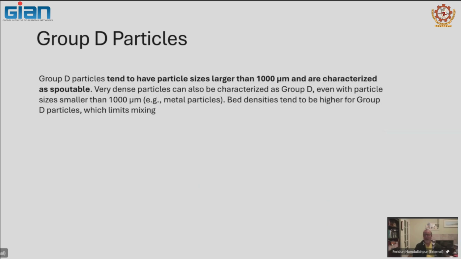Most likely, they will be group D particles. Every drying application that I have been involved in or designed fell into group D particles, larger than around 1,000 micrometers, and that's the case. It is a spoutable application or particle.